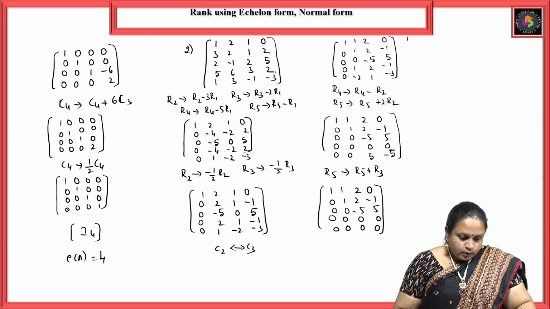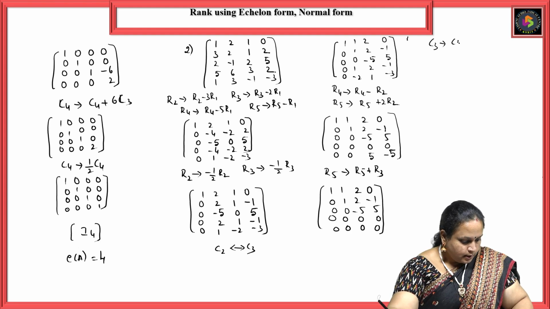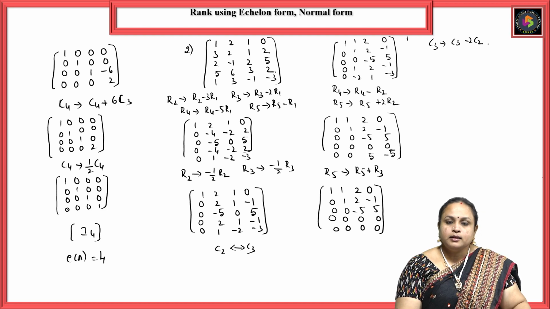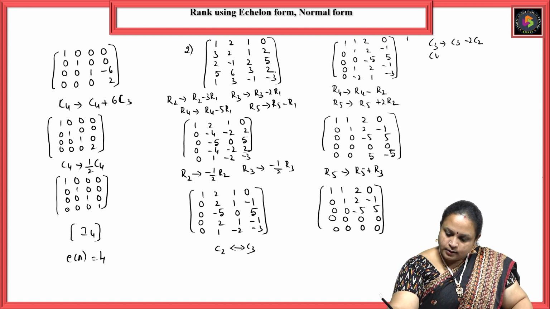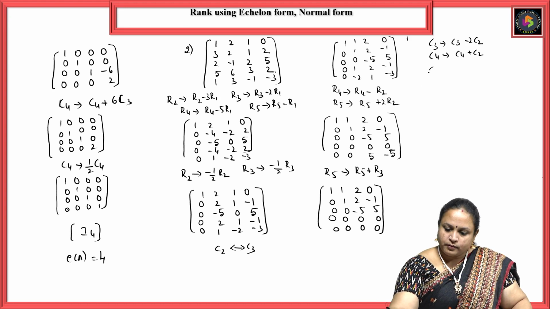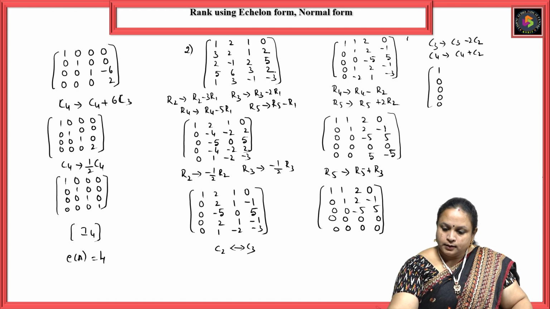Now let us apply the column operations. C3 implies C3 minus 2 C2, and C4 implies C4 plus C2. Now when we apply these column operations, we are getting 1, 0, 0, 0, 0. Then 1, 1, 0, 0, 0.